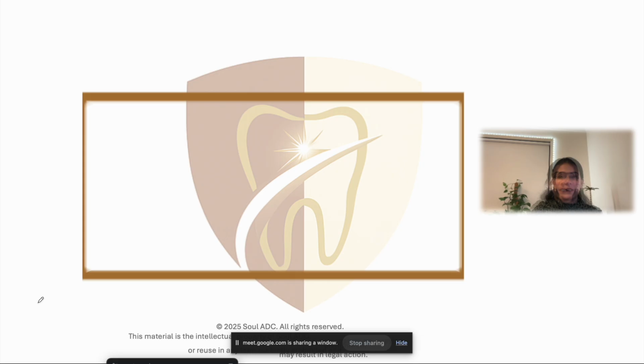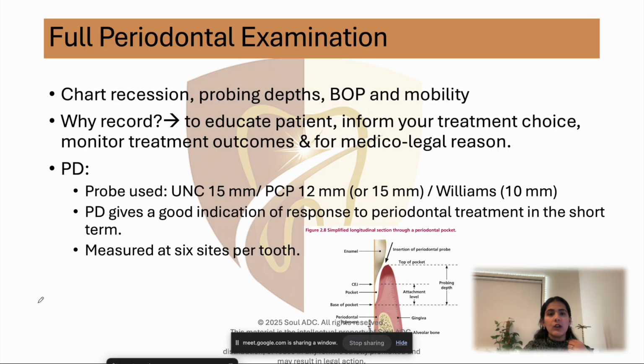Now, when I talk about a full periodontal examination, what am I looking at? I want to see if there is any recession. I want to see the probing depth for every location. I want to check bleeding on probing, is there anywhere? I want to see if there is any mobility.